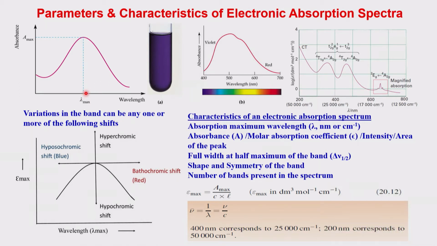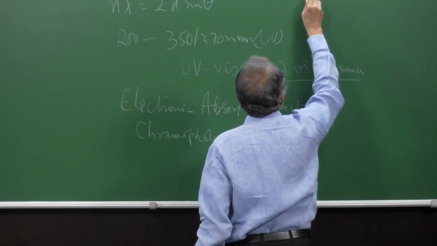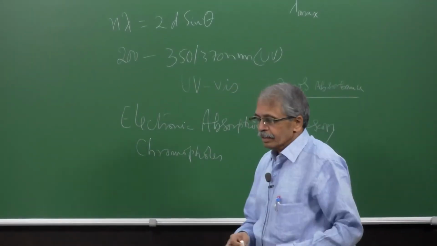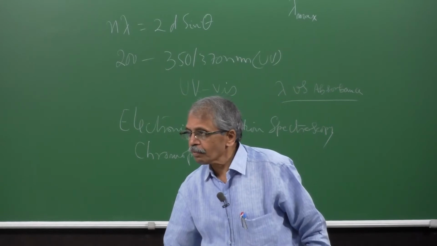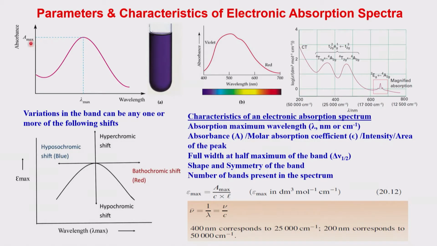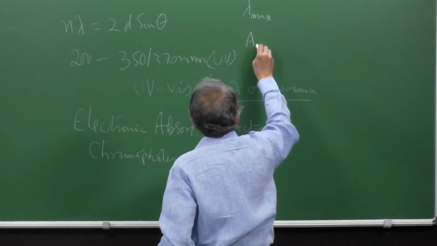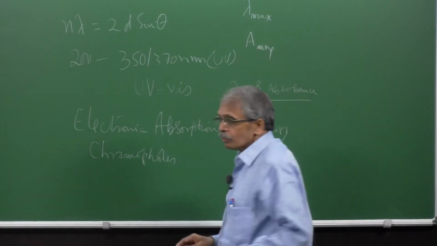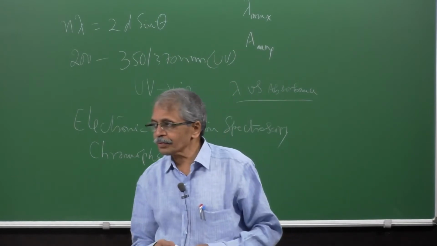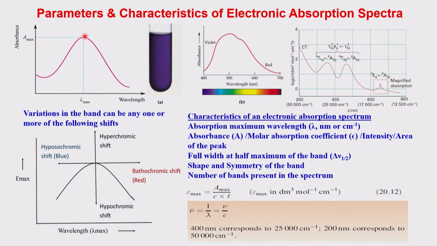On the other hand, if you cut across the y-axis, you will find the absorbance. This is the A max. We will go through these details a while later in the next slide, but right now let us see these features grossly.